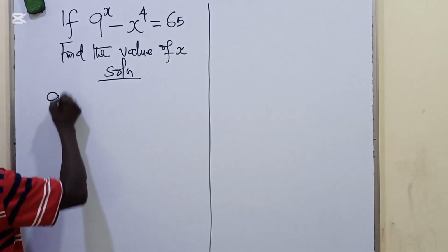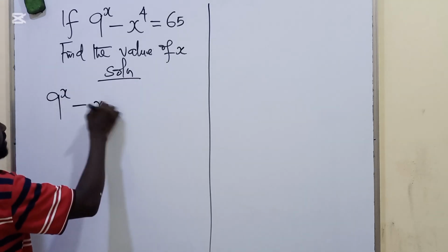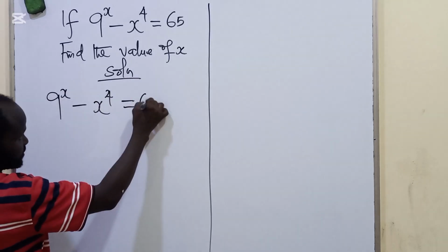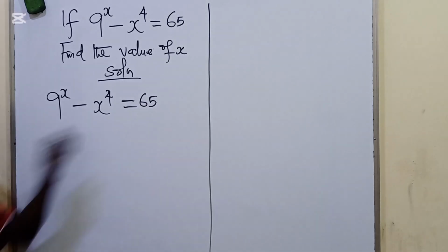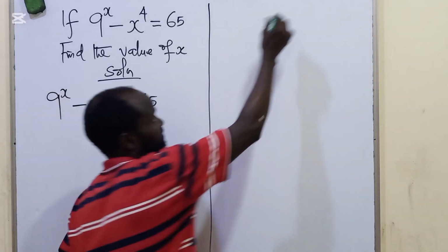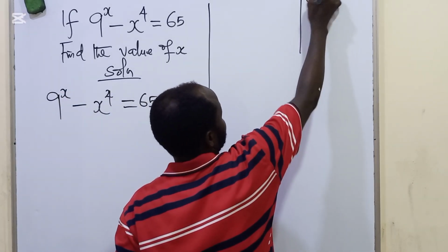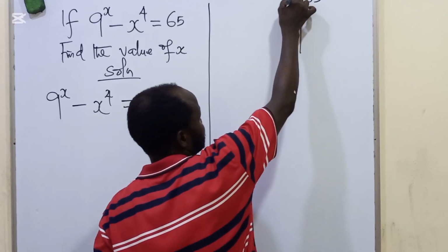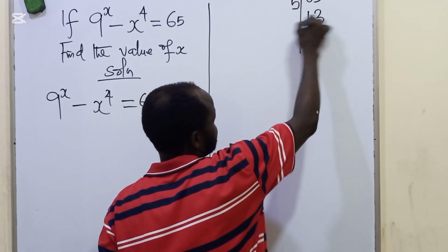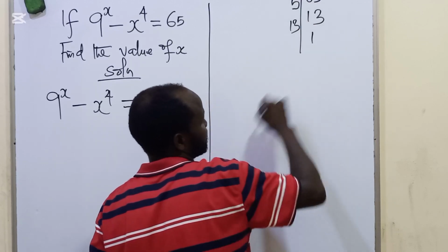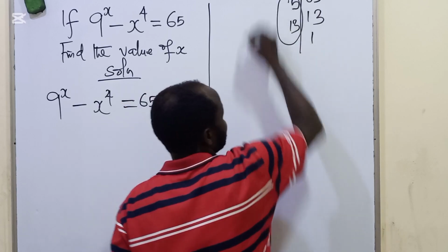We have 9^x − x^4 = 65. Let's find the factors of 65. The smallest prime number will be 5, then 13, then 1. So we'll use these two factors.